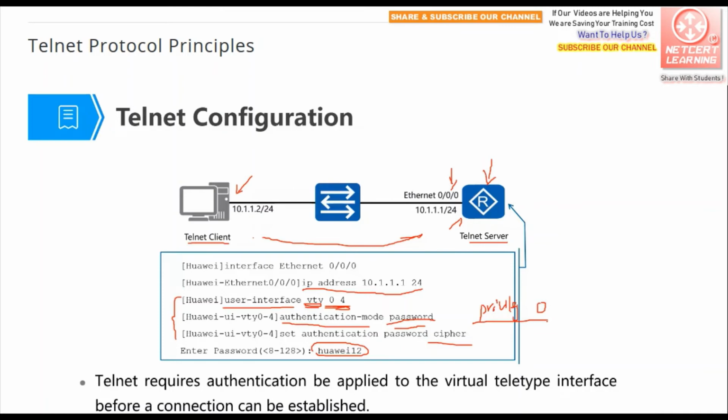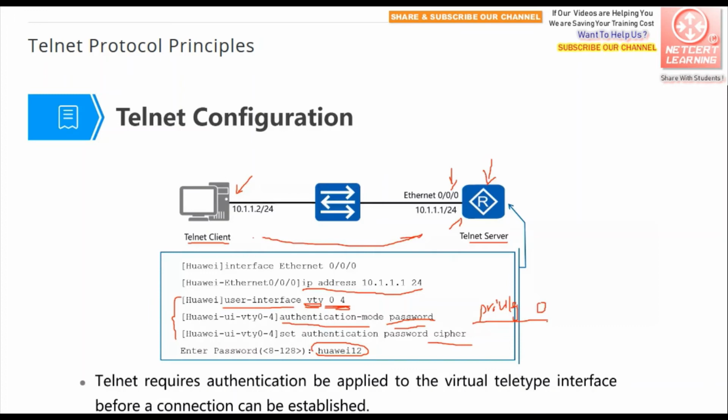You can only type in a few commands. If you want to configure, you must increase the privilege level to 2 or above, 2 or 3 or more. Of course, the whole privilege level range is from 0 to 15.